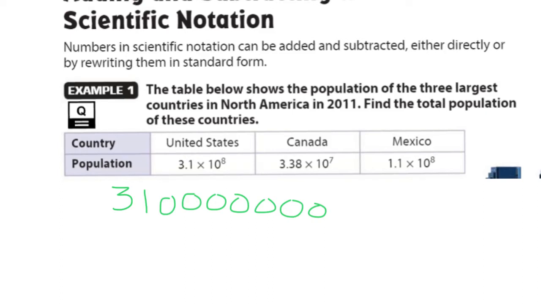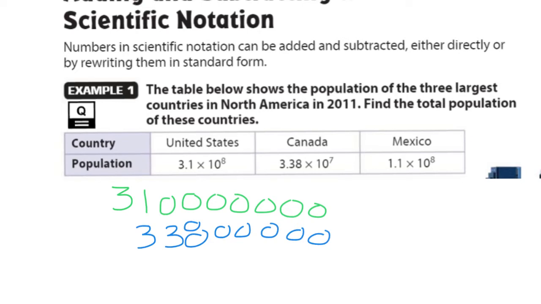Okay, now we have the Canada number. So you go 2 past the decimal. That will leave you with 5 zeros to put on. So this one is going to start here. 3, 3, 8, 1, 2, 3, 4, 5.